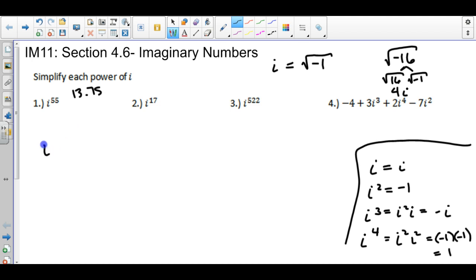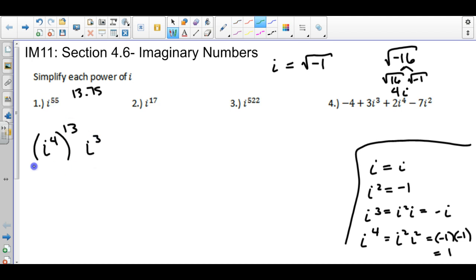What that means is that i to the fourth power evenly goes into 55 13 times, because 13 times 4 is 52. You have a remainder of 3/4 of an i left, so that's where this 0.75 comes from, which I'm going to express as i to the third power. So again, 13 times 4 is 52, and then I have this i to the third as a remainder, and that would give me a total of 55.